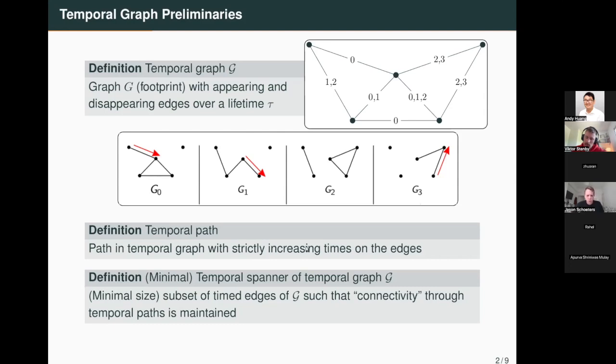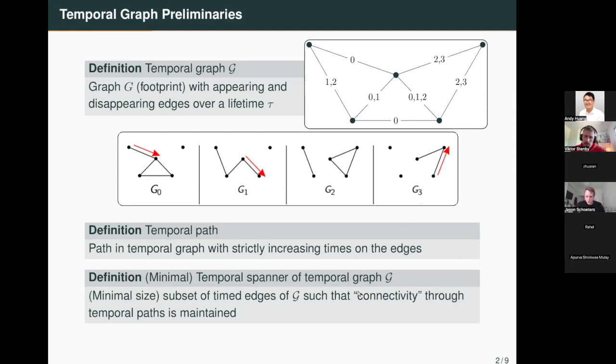So now we have temporal graphs and temporal paths, and we can define the concept of a spanning tree or a spanner in temporal graphs. We call a minimal temporal spanner a minimal size subset of timed edges such that some sort of connectivity is maintained. And this connectivity is defined through temporal paths.